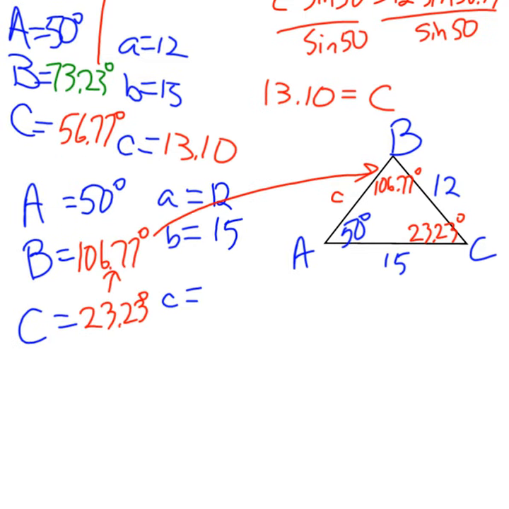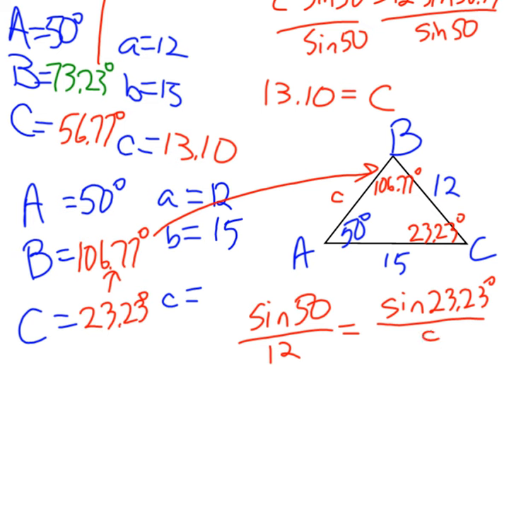And now I can find that missing side c. To find that missing side c, again, I'm going to set up the law of sines using the first angle and side that I was given, the 50 and the 12. Set that equal to the sine of 23.23 over little c. Cross multiply, and I get c times the sine of 50 degrees equals 12 times the sine of 23.23 degrees.